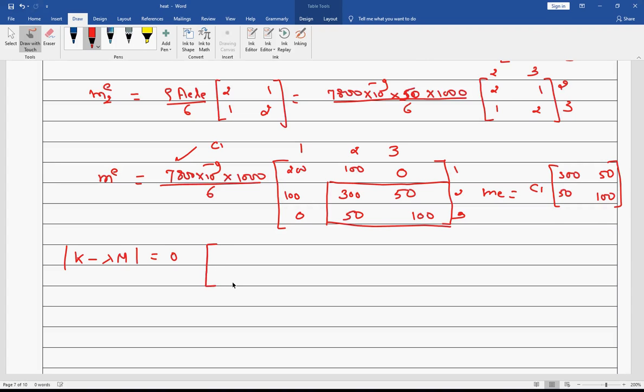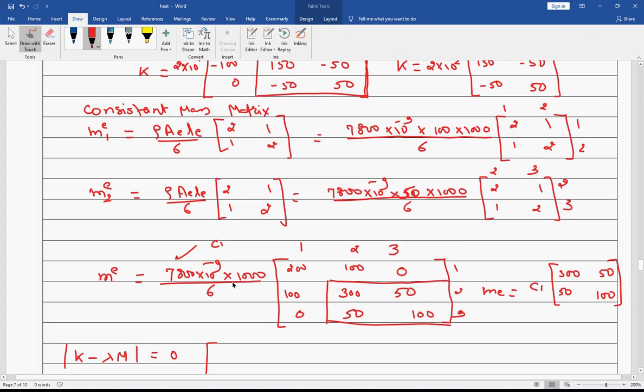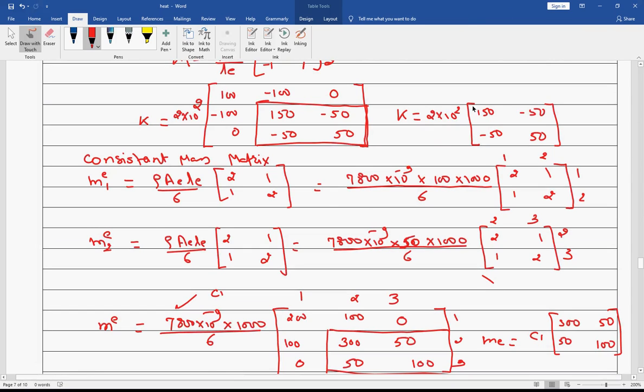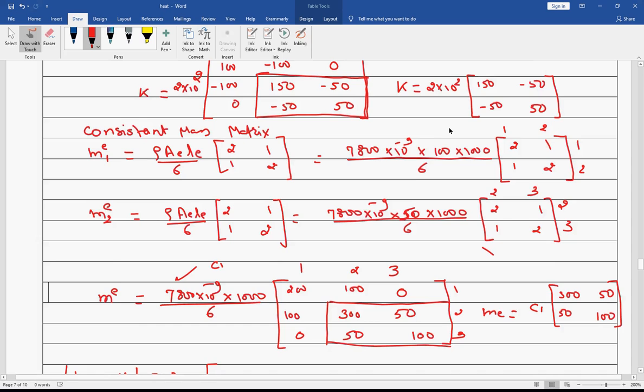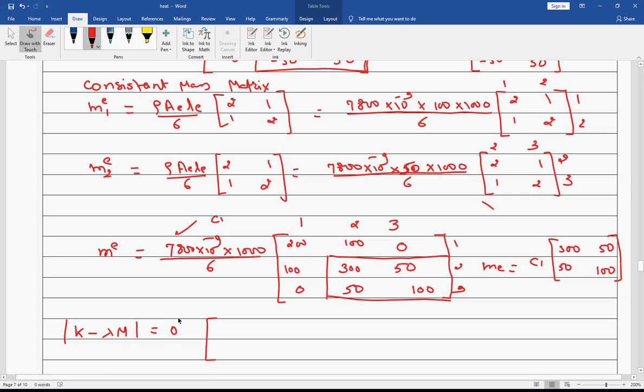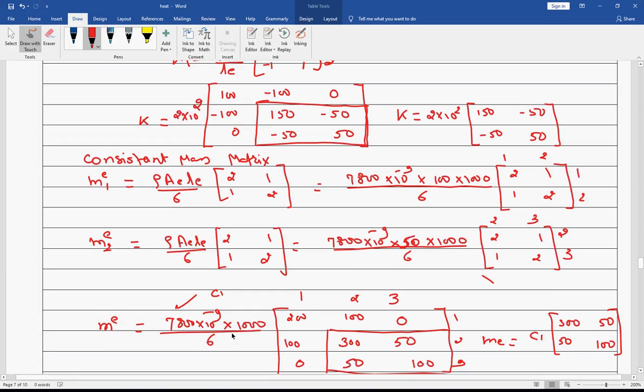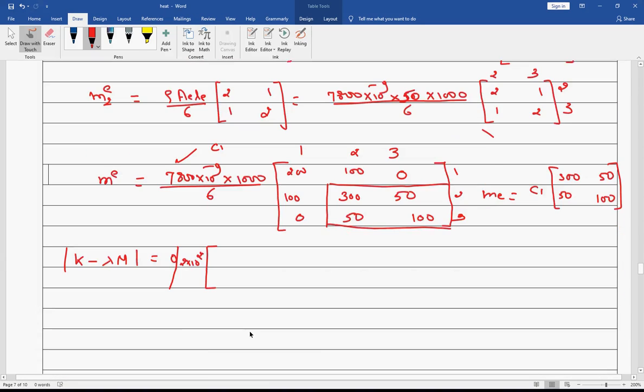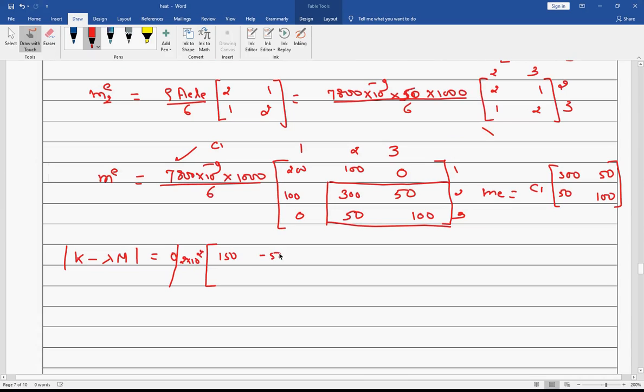So my k would be 2 into 10 to the power 2, and I have a 150 minus 50, minus 50 and then 50, minus lambda into my global mass matrix.